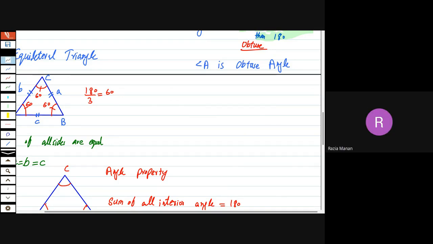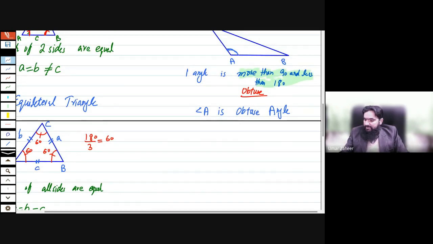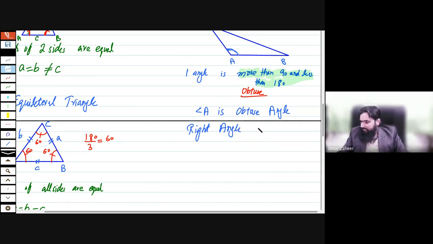Right angle triangle. It is a favorite triangle for all of them. Rabia, can you please tell me what is a right angle triangle? One of the angles is exactly 90 degrees. Yeah, right angle triangle.